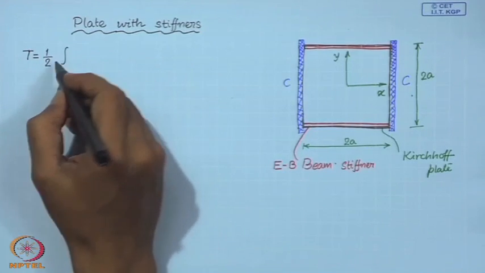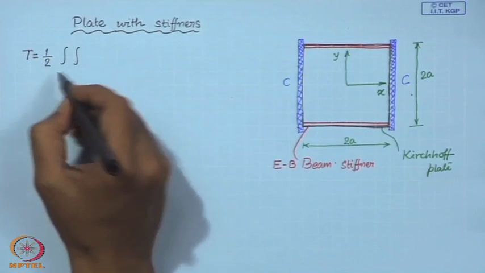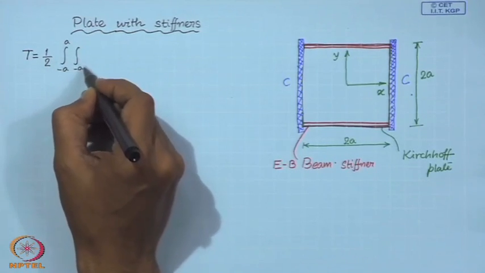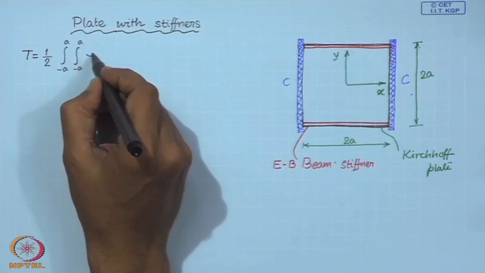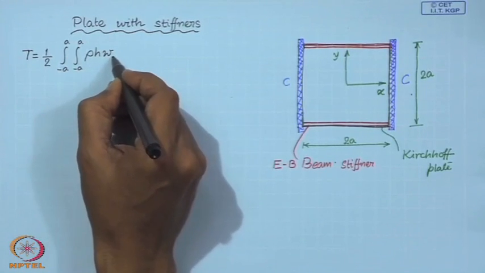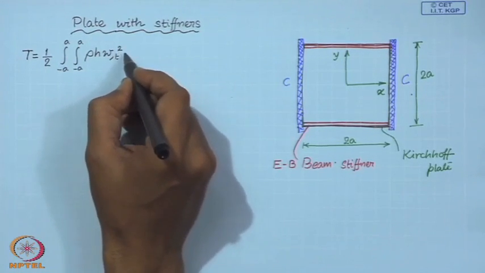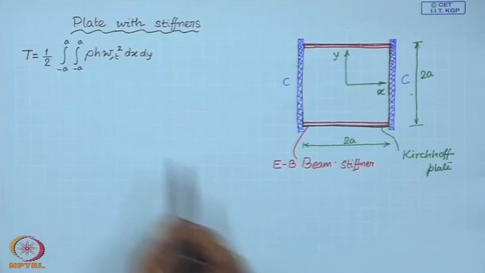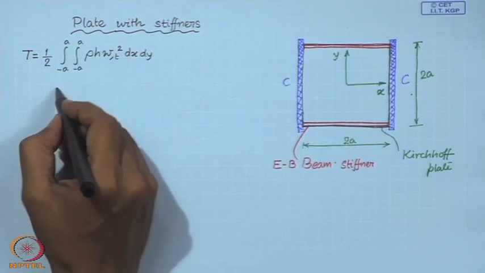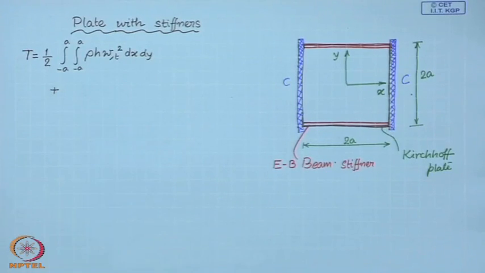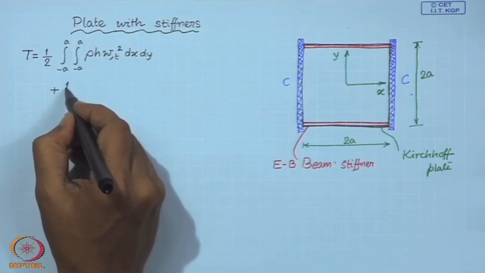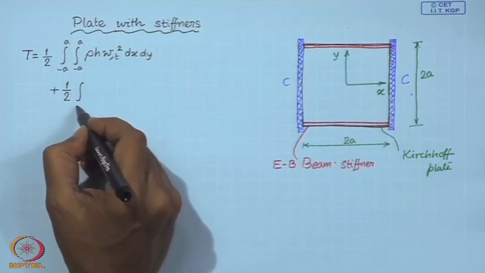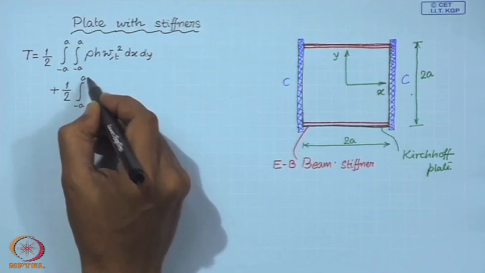The kinetic energy of the plate is given by this, and along with this we have two beams on these two edges.